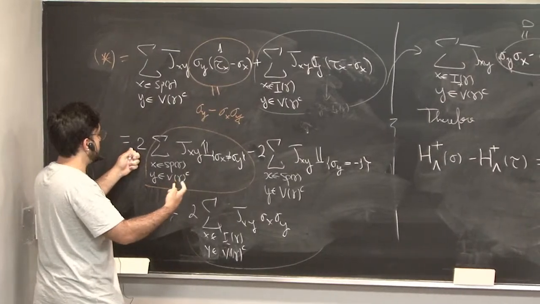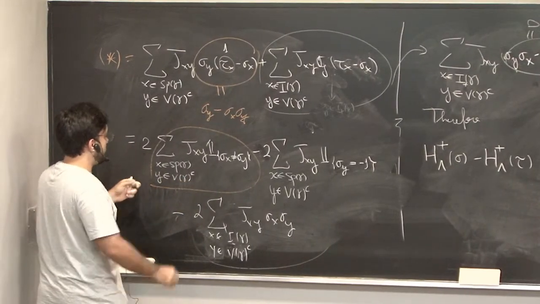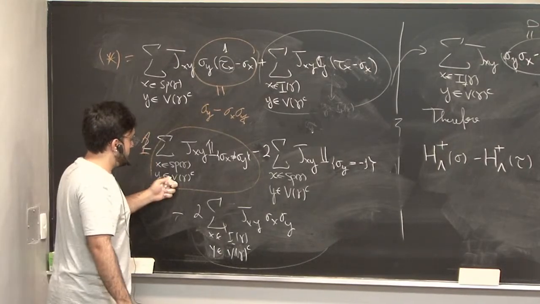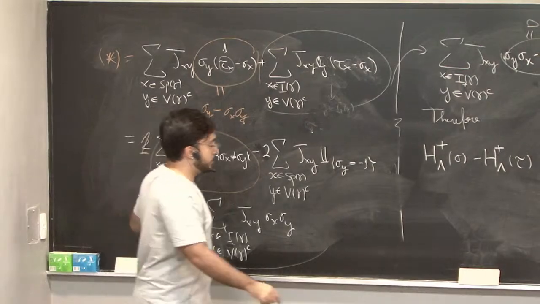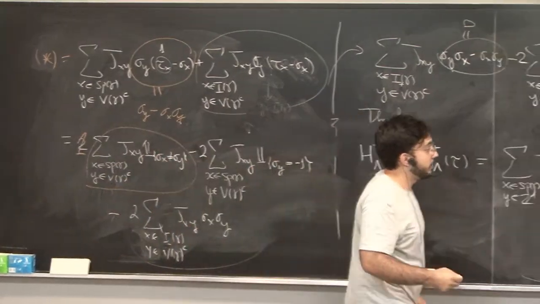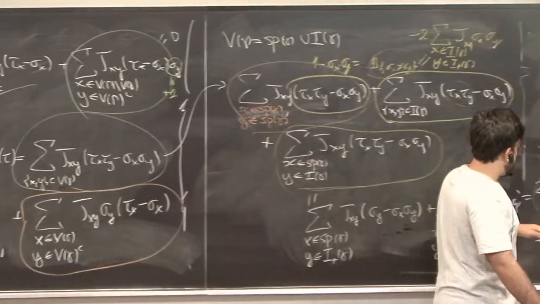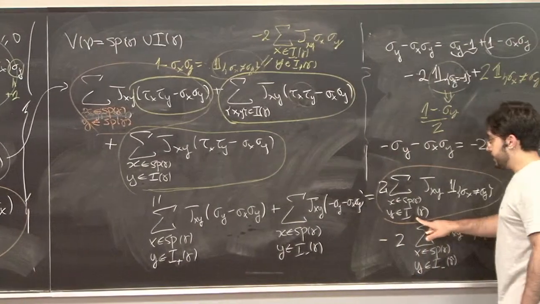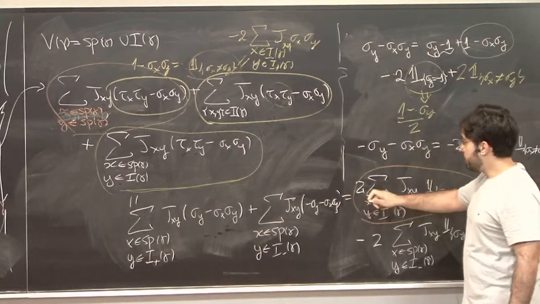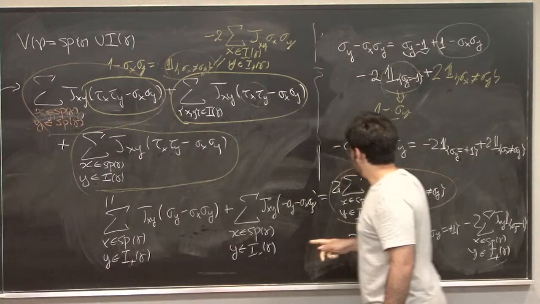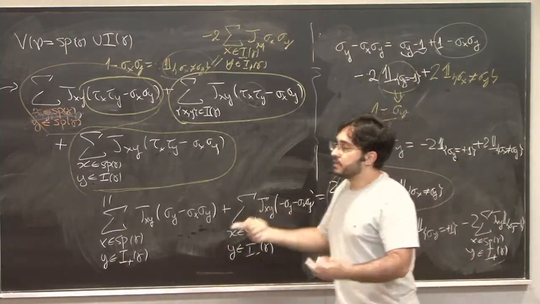I already summed one of them, then there is still one depending on the outside of the volume of gamma. And here I also have something depending on the interior, since I summed only one of them. But now I don't have another term of the support. So I just have interior and the outside of the volume.